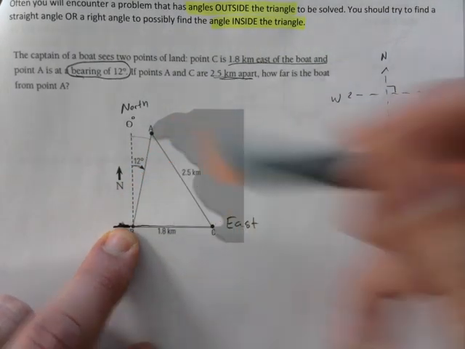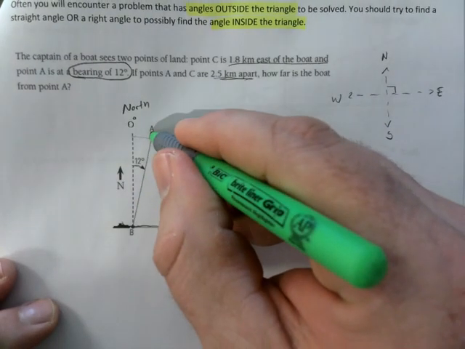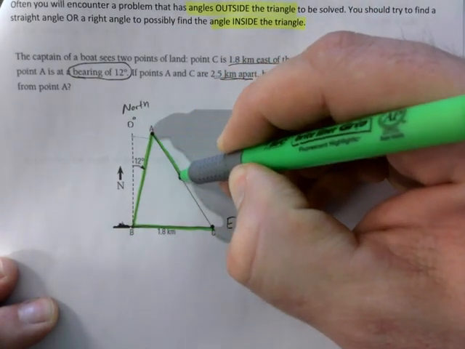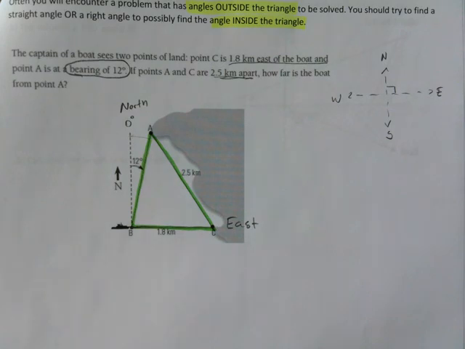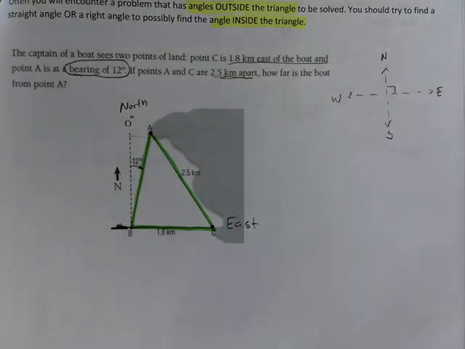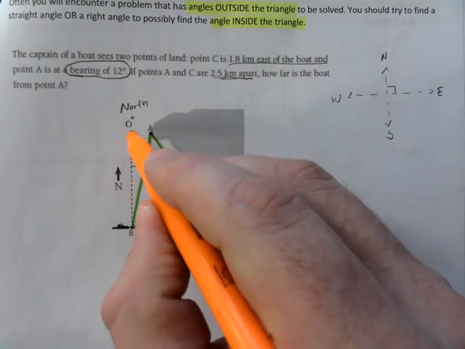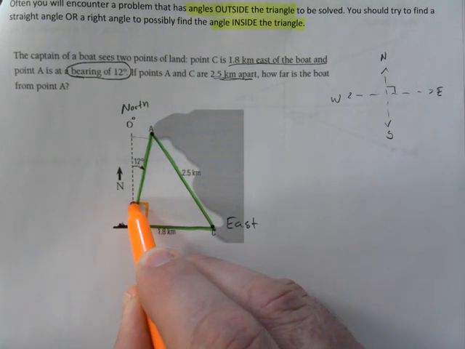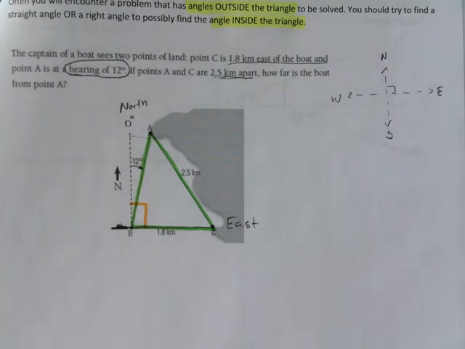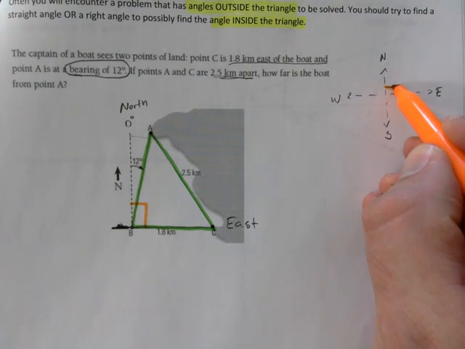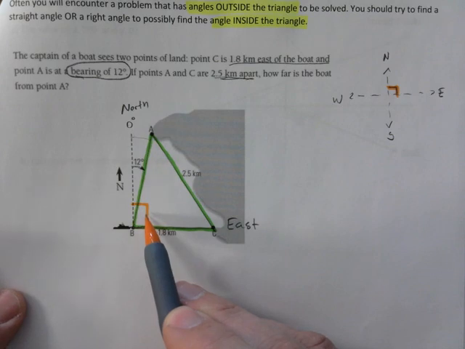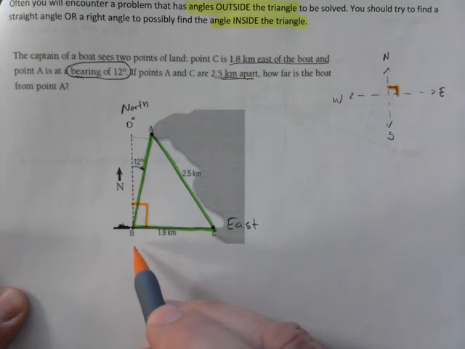Okay, so you have your triangle. I usually use green. This is your triangle. You have no angles inside, right? No angles inside the triangle. But there's a 90 there. You see it? The north and the east line form a 90, like a box like that. Maybe on the north here, you do the same color. North and east lines meet at a 90. So what is angle B really?